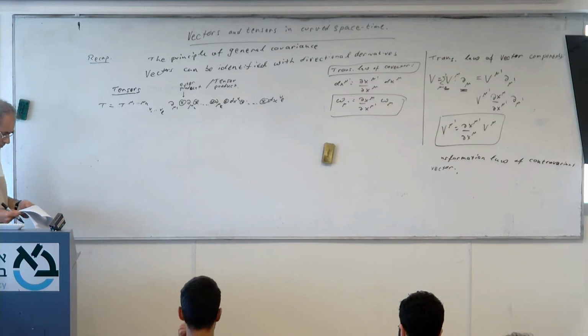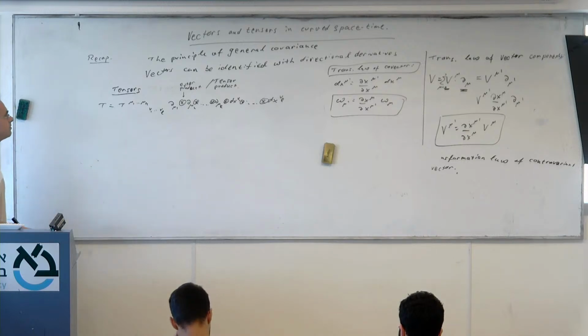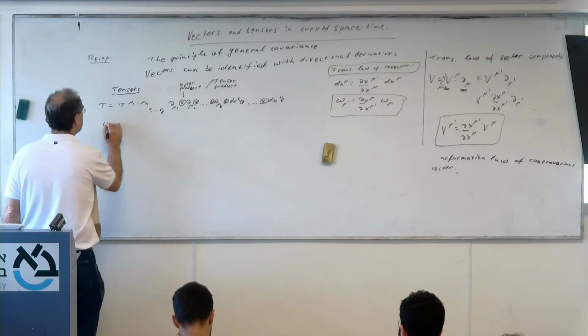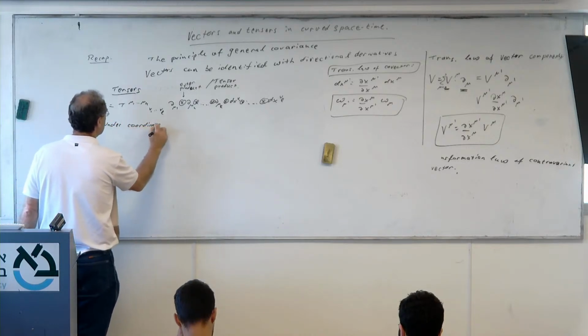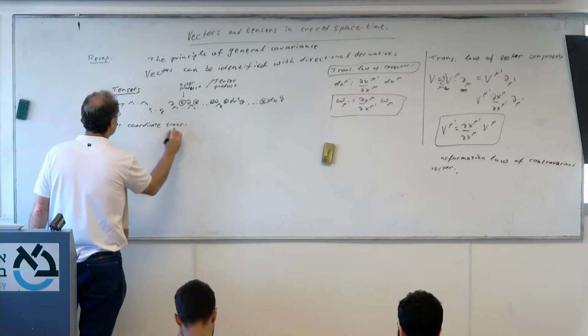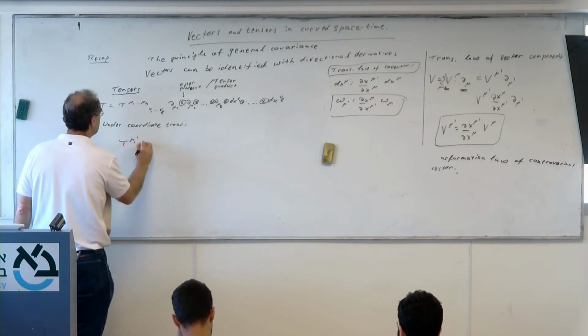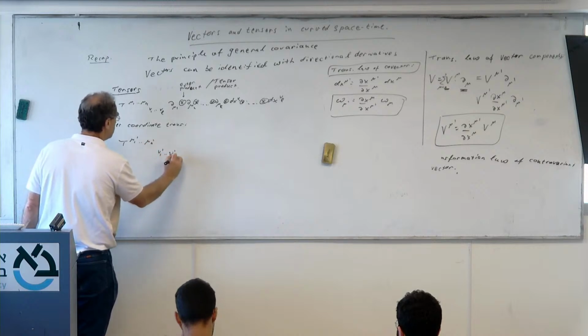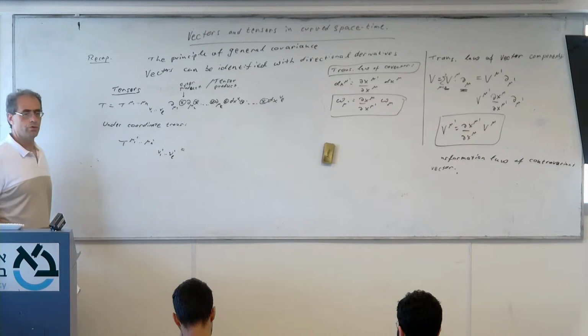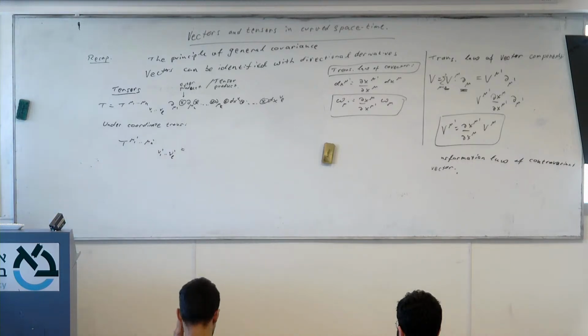Okay. So when we're doing coordinate transformation, it's pretty straightforward. How do I transform the components of a tensor T^{mu_1' ... mu_K'}_{mu_1' ... mu_L'}?